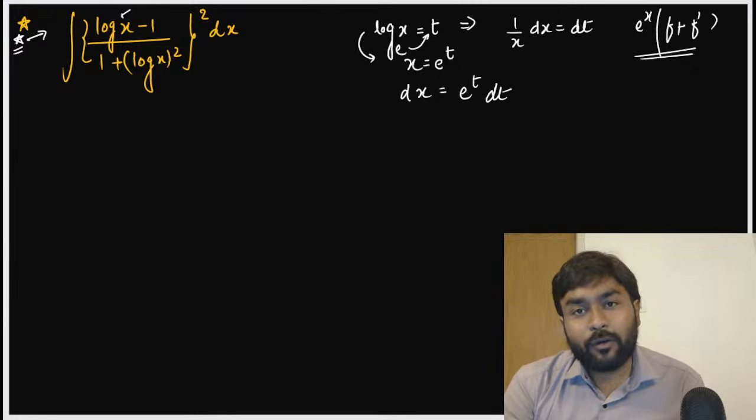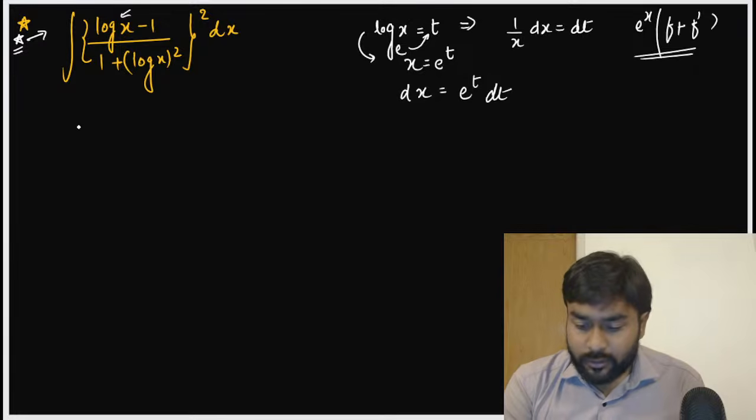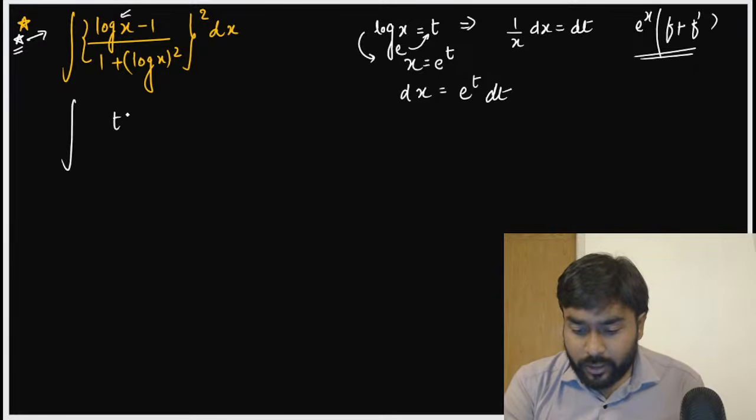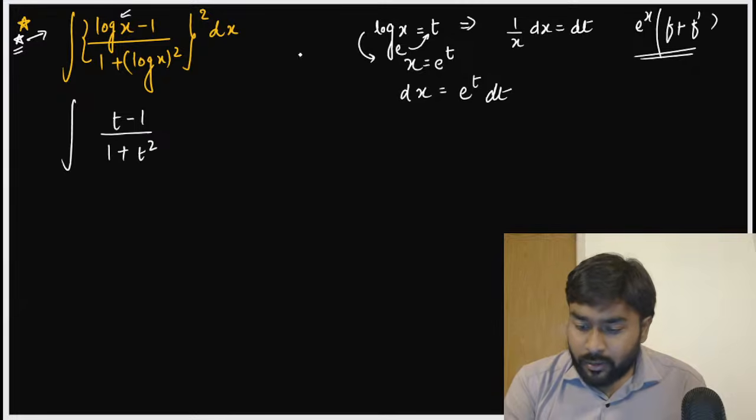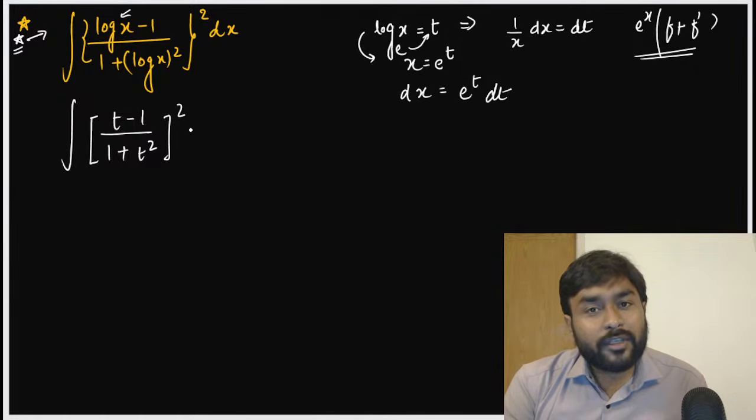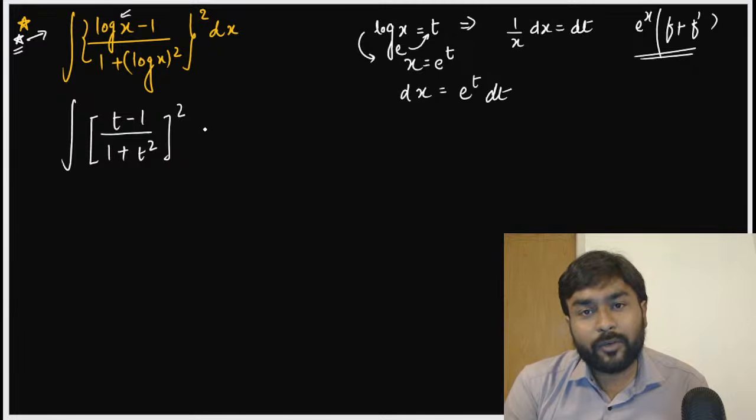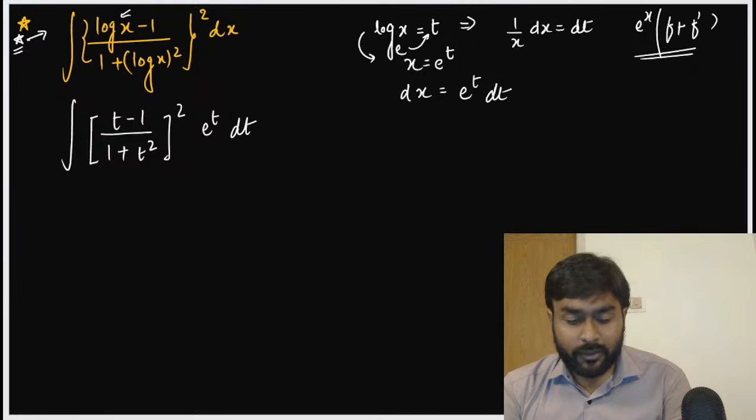And at place of log x you can write t. So finally what we will get? T minus 1 divided by 1 plus t square, and here we will write whole square, divided by dx equal to e power t dt. This we can write. Anyone can tell me after this?